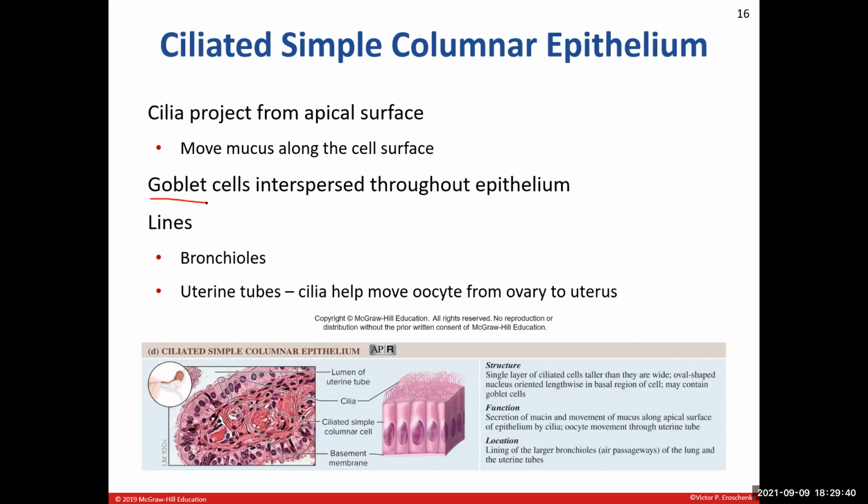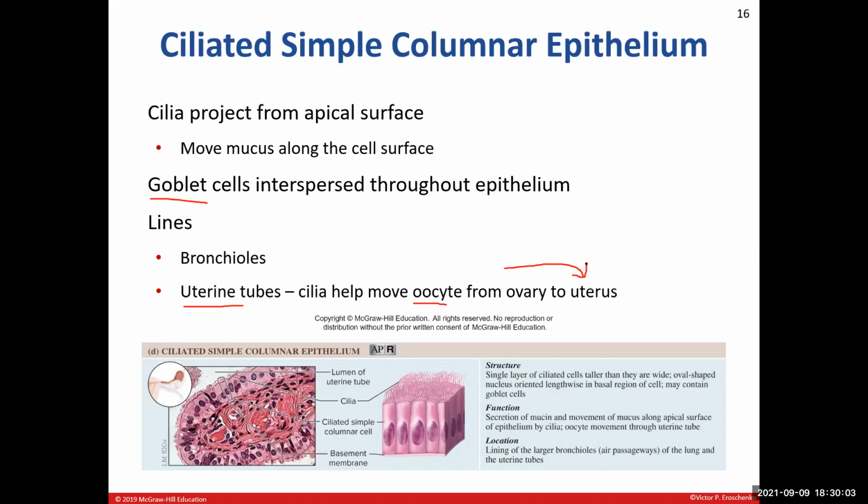We'll see this type of epithelium in your bronchioles, and we'll also see it in the uterine tube. I mentioned this before because the cilia help to sweep the oocyte towards the uterus from the ovaries. The oocyte, or the egg, does not have any means of propulsion.